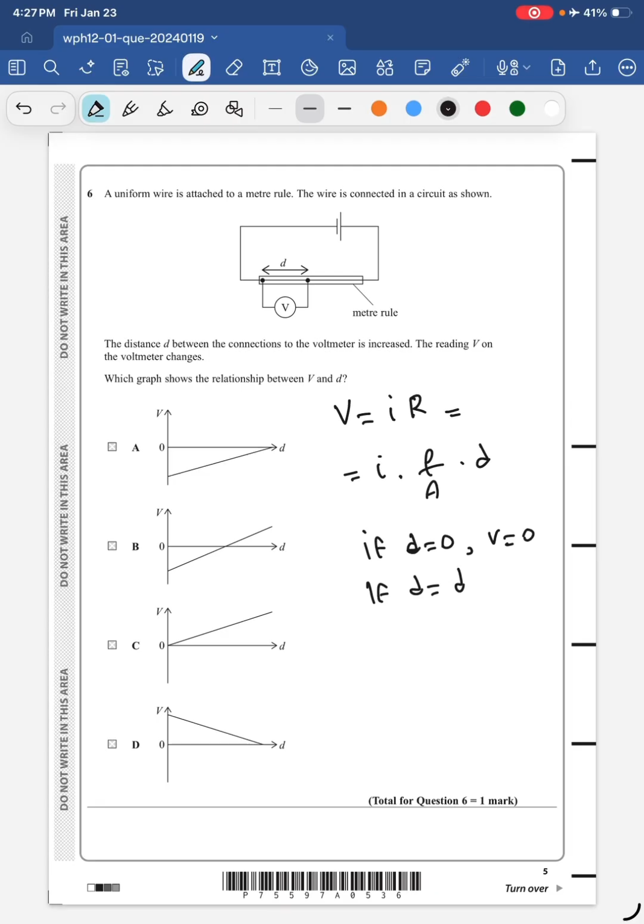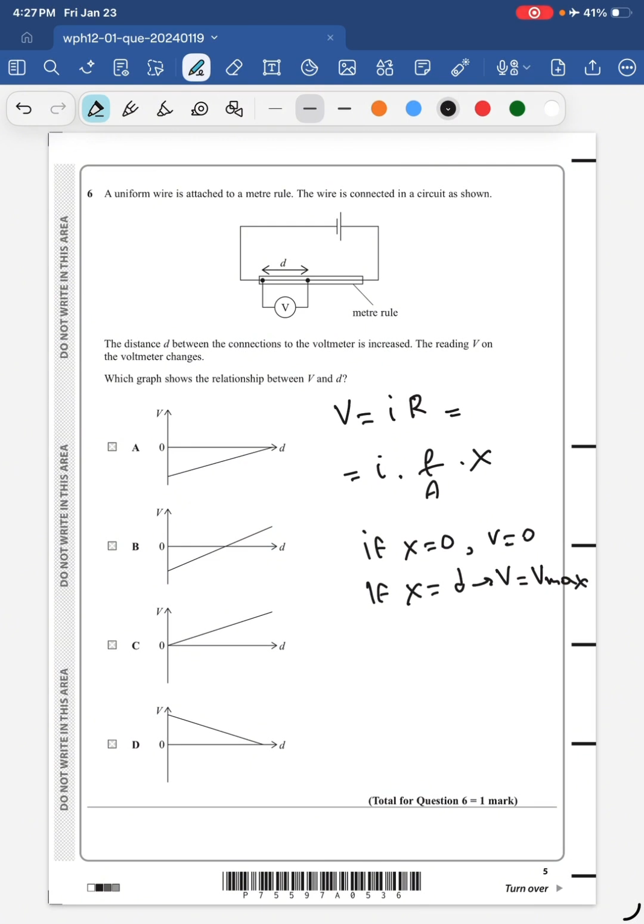D, I mean the length of the wire, maybe we can write this as x so I don't confuse you. Times x. So if x is 0, V is 0. If x is D, V is V max. And what kind of formula is this? It's a linear relationship, right?